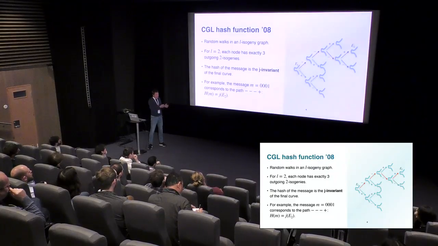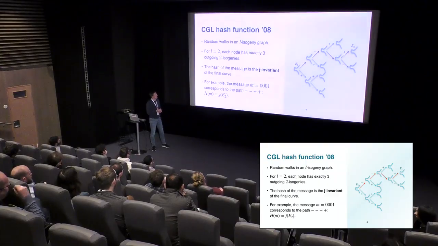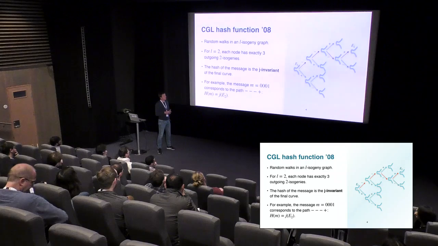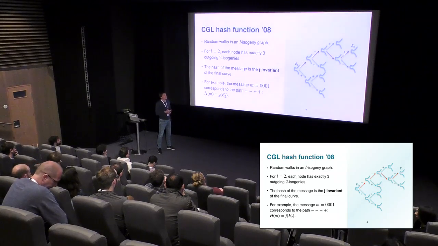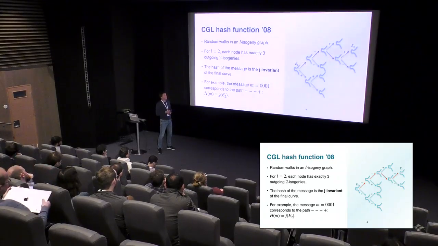And just as an introduction into the field, I will briefly present the history of hash functions based on isogenies. The idea is that you have this graph of isogenies of elliptic curves, where nodes are elliptic curves and edges are isogenies.